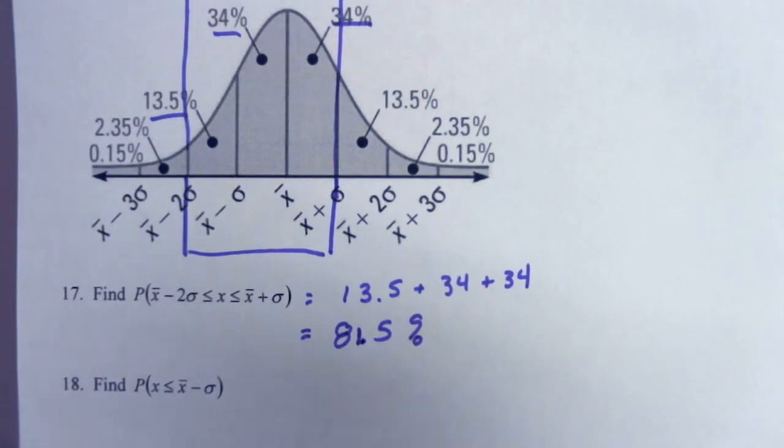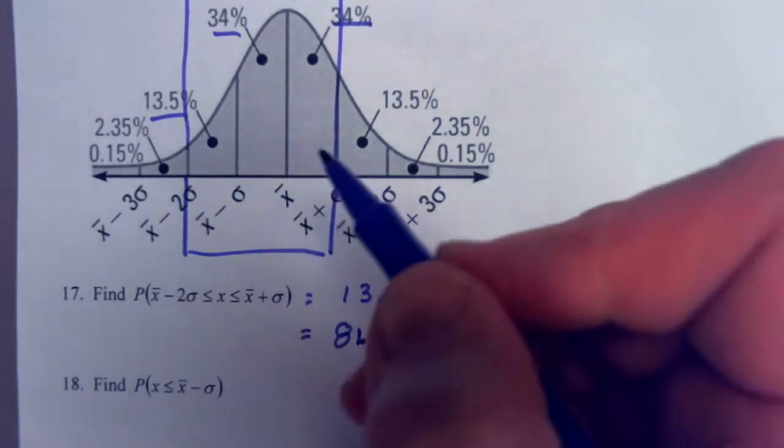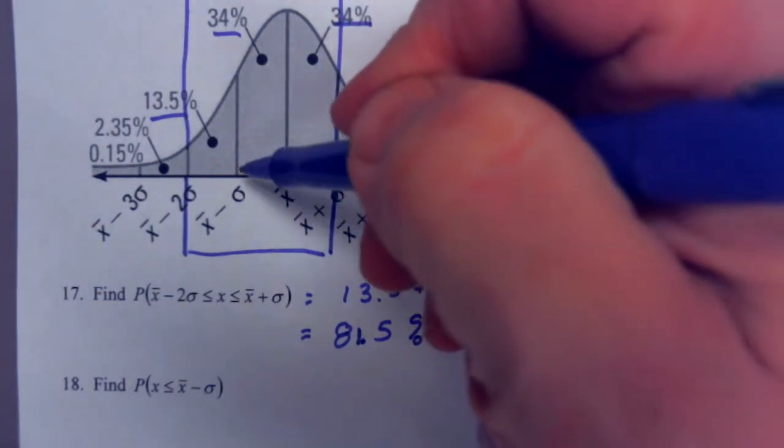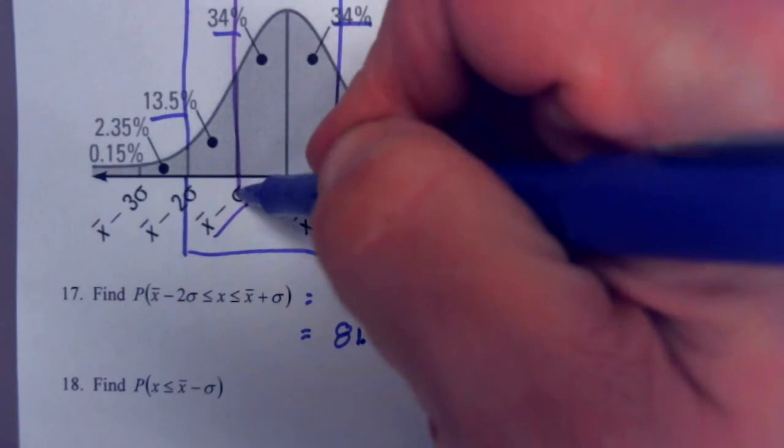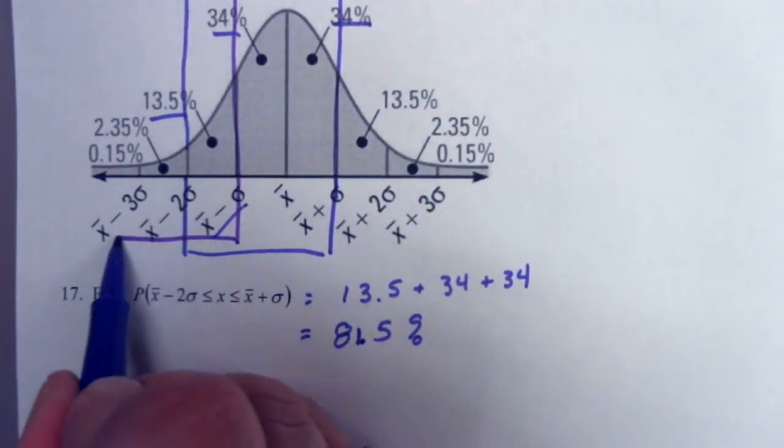For 18, I need the probability that the x you choose is less than or equal to the mean minus the standard deviation. So mean minus standard deviation is right here. And if it's less than, that's all of the values this way.